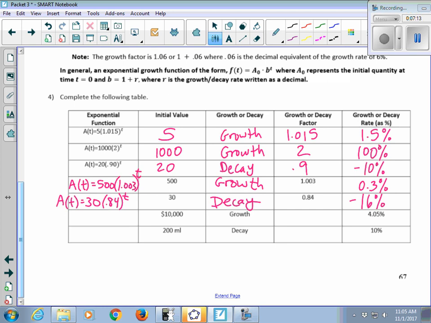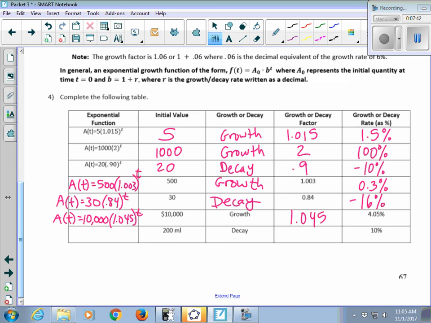All right, I'm starting with $10,000 here. It's growth. My growth rate is 4.05%, which means that my growth factor is 1.045. And then I can write my formula. A of t is 10,000 times 1.045 to the t.